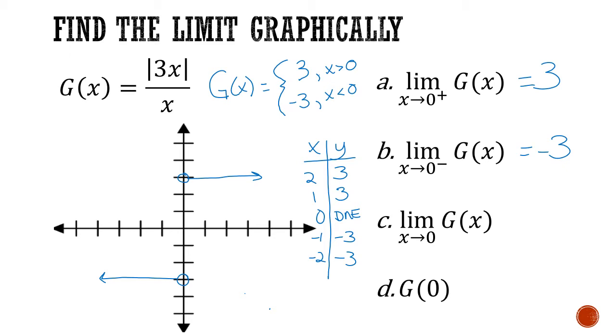The limit as x approaches 0 from both sides, well, from the left it's negative 3 and from the right it's positive 3, so that does not exist. Remember, do not put equals. Does not exist. That's really important, that it can't equal something that doesn't exist.